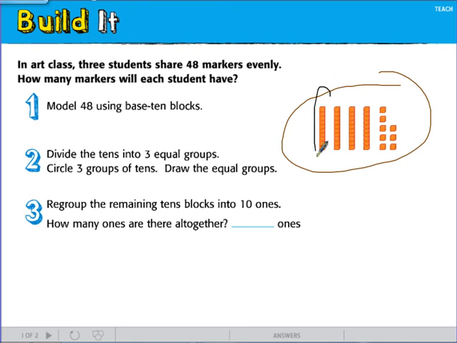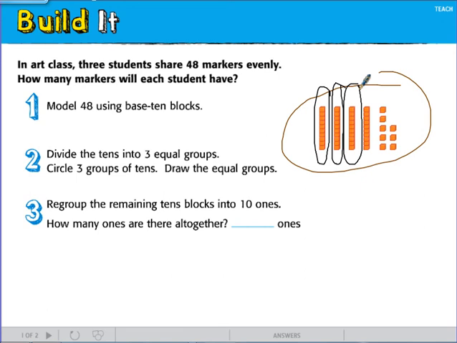So we have 1, 2, 3, and I have 1 left over. So I have 3 groups of 10 and 1 ten left over.